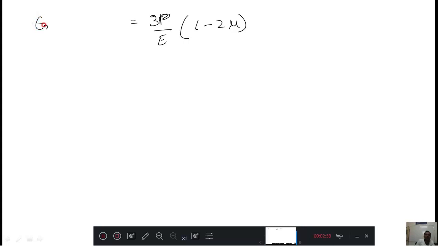This is the strain in x, y and z directions.